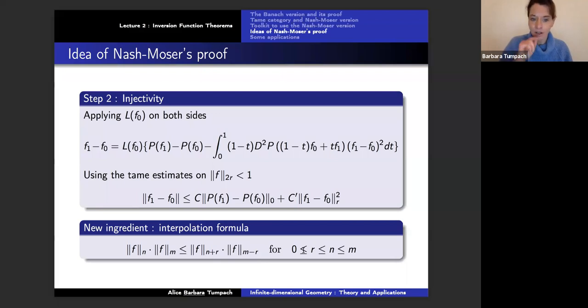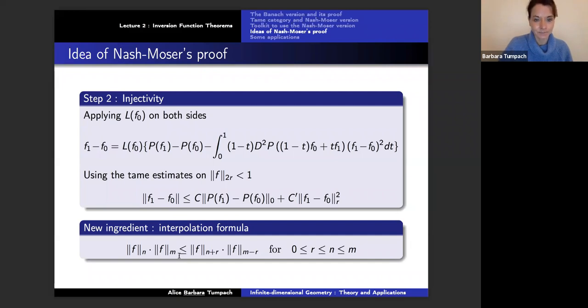Oh yes, a new ingredient enters into play, because now we know that we are on sigma B, on the space of exponentially decreasing sequences in some Banach space B. On this space, we can really compute, because we know the norms, we know the space. So here there is an interpolation formula that we have to check, but this can be done.